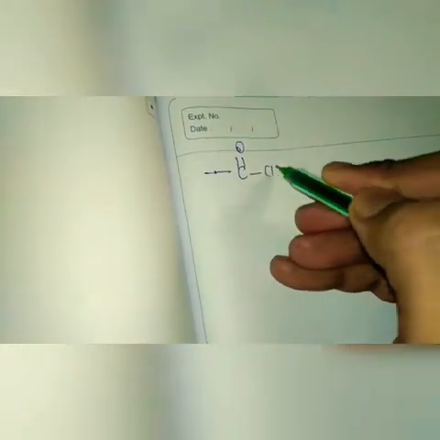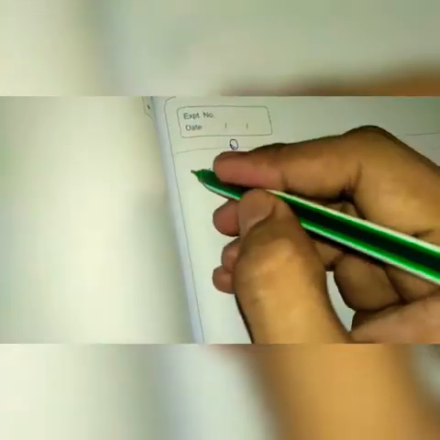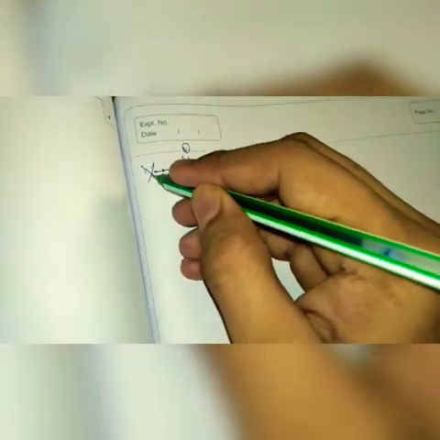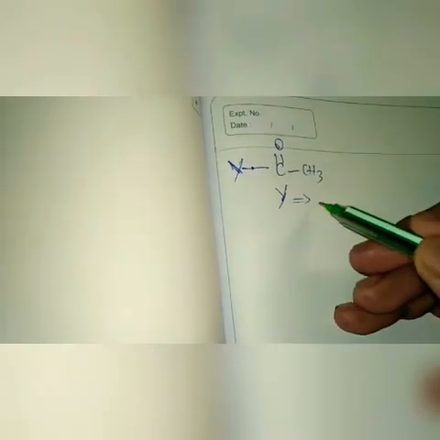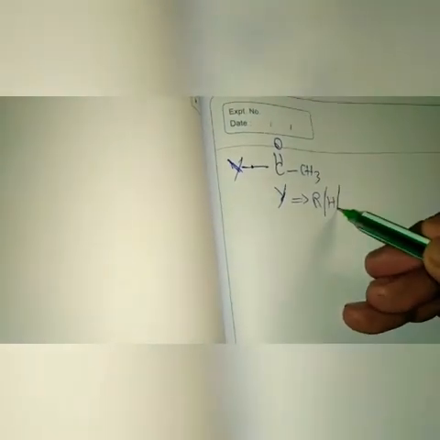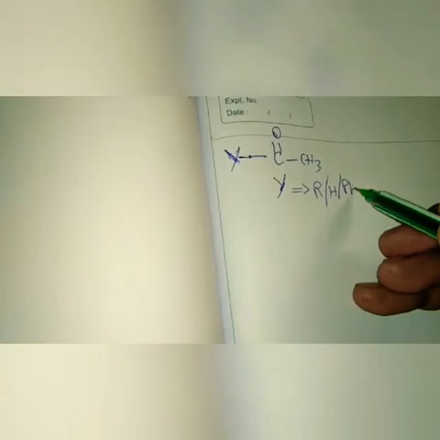Methyl ketones means you should have something attached to this one. This can be Y; it's not X, because X we consider as halogen. So Y can be R, H, or Ph, or whatever.